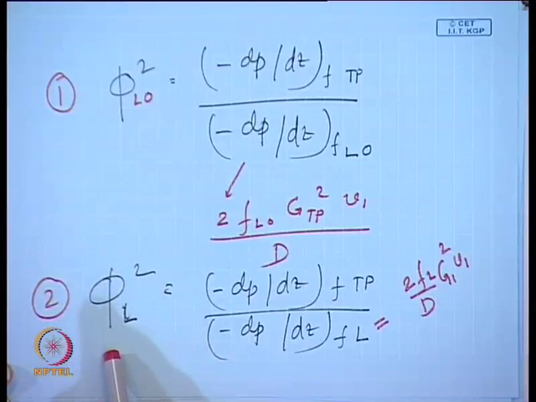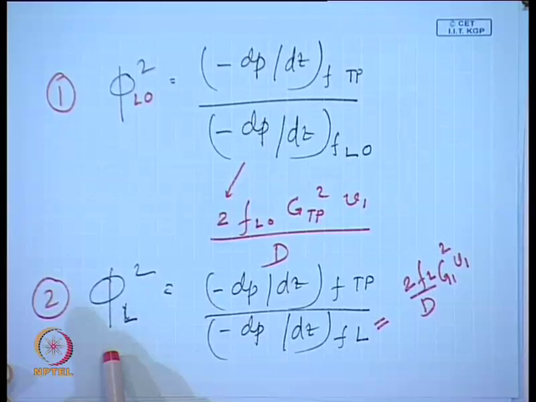The entire mixture can flow as a single phase, or whatever amount of liquid was there is now flowing alone in the pipe. Do you get my point? So, in that case this expression and this expression are not the same, and therefore phi square LO and phi square L need distinguishing.